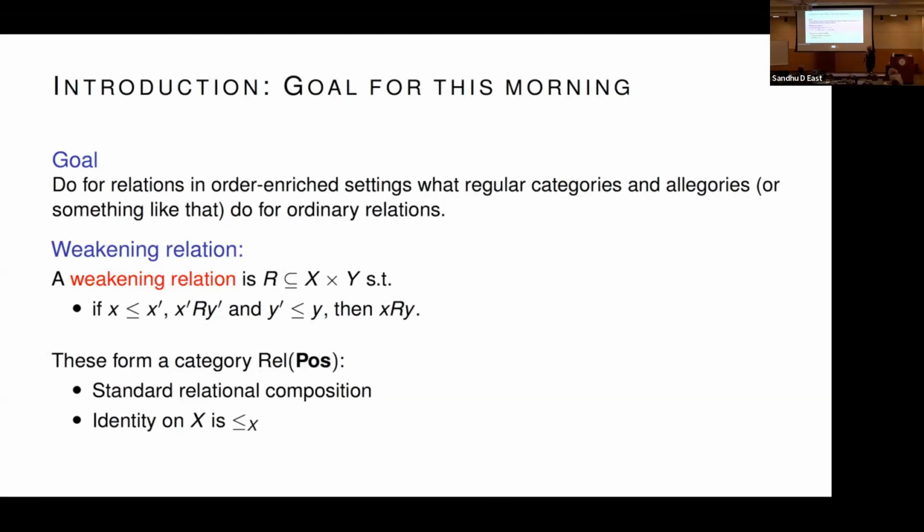First, notice that the category of weakening relations is the one that I just described. But we could take a more general view and say, well, what would be a category of relations? What would that mean more abstractly, rather than the concrete one that I just described, of partially ordered sets and weakening relations? Well, what would that look like in a more general setting?